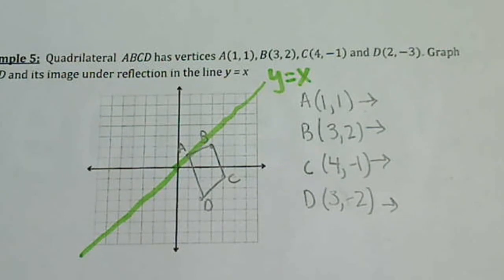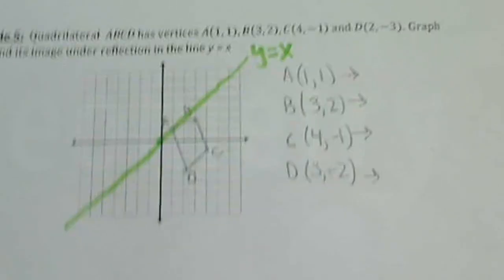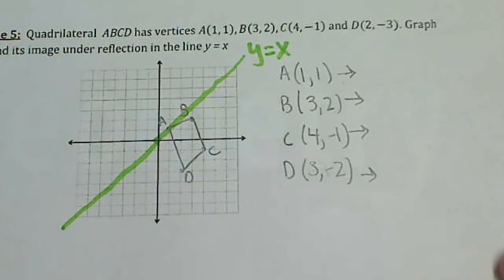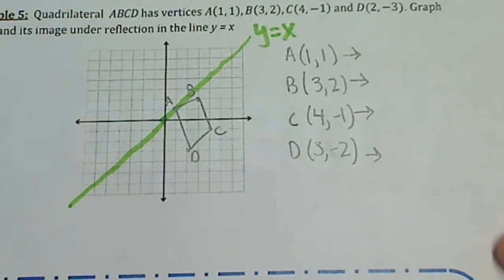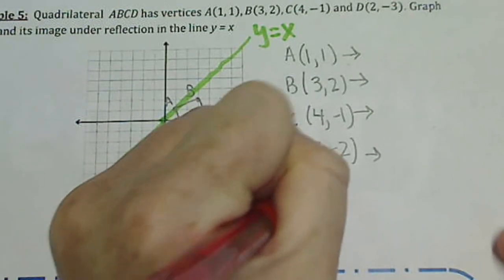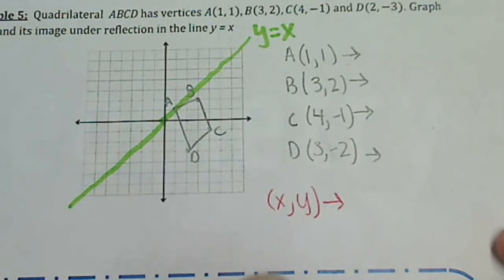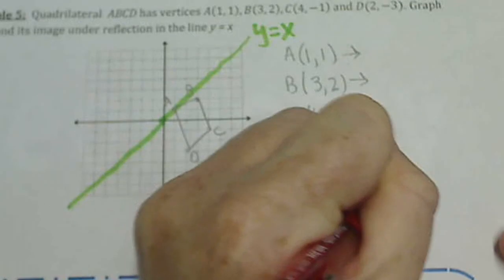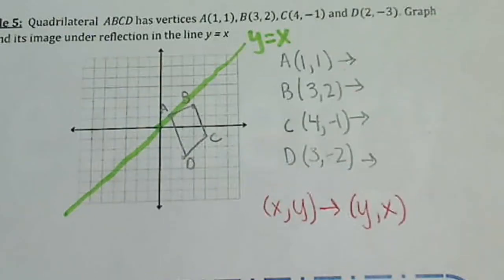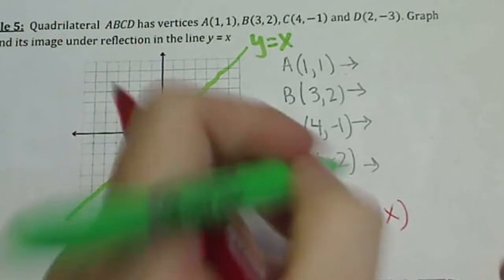Alright, so we had 2 formulas before. There's a formula for flipping in the line y = x. That formula says any point x and y, if you're reflecting in the line y = x, your points just switch places.